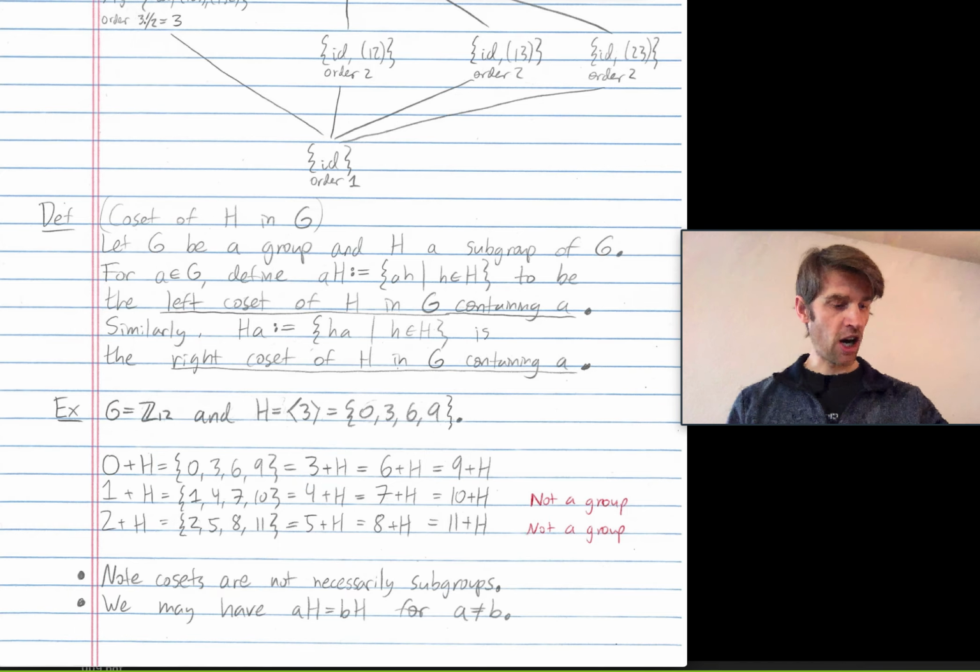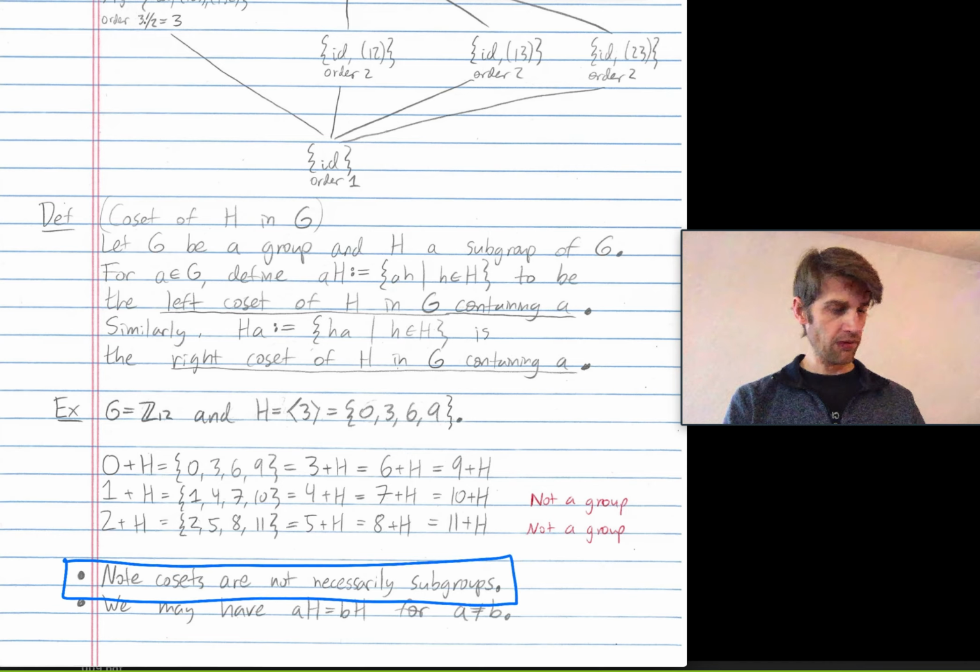Another comment that's important at this stage is that cosets are not necessarily subgroups. H is a subgroup, but its cosets need not be subgroups. 0 plus H, or the identity combined with H, will always just give you back H. So this one right here is just H. That is a subgroup, right?